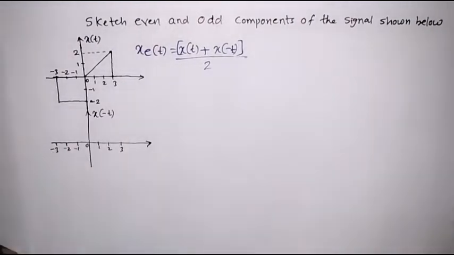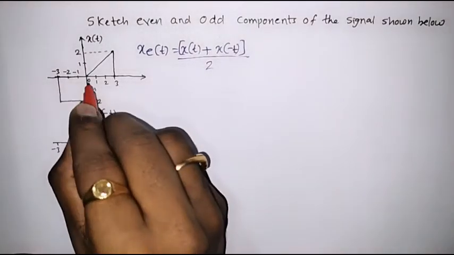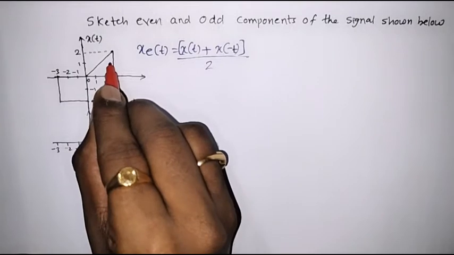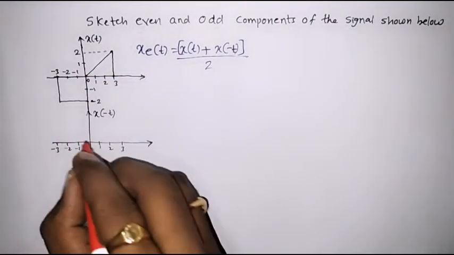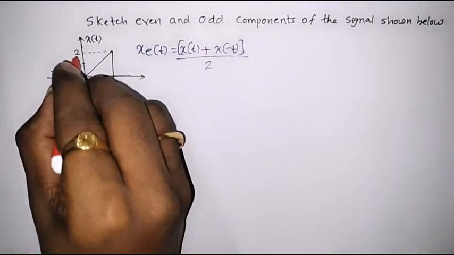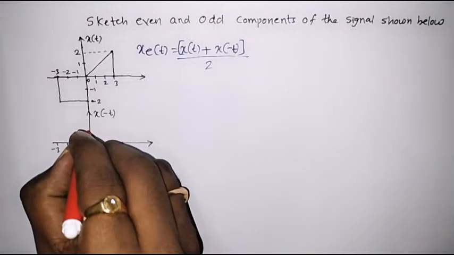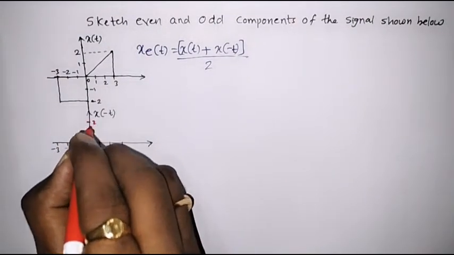Two and minus 3. So now we have 0 to 3. This signal will be represented from 0 to minus 3 on this side, and the amplitude is the same, that is 2. So let this be 1, let this be 2.